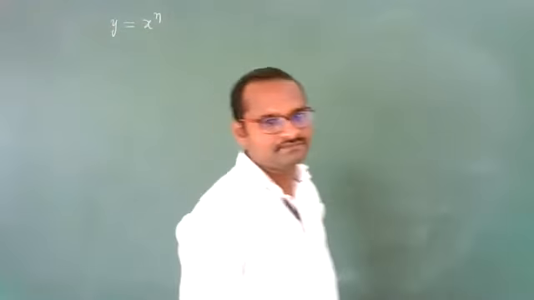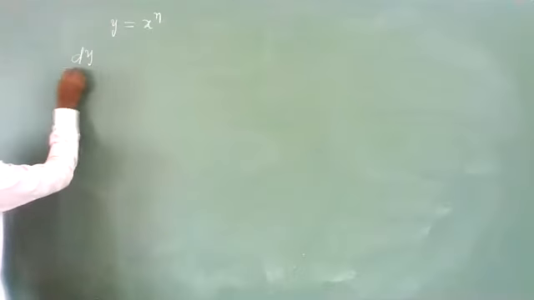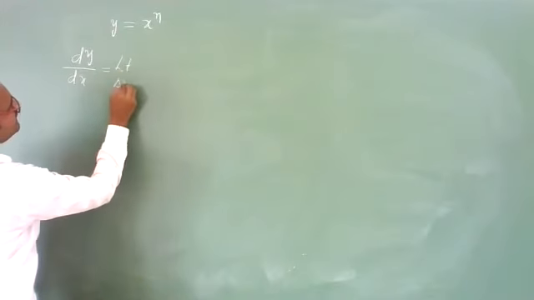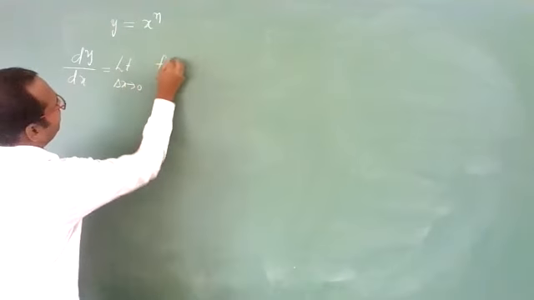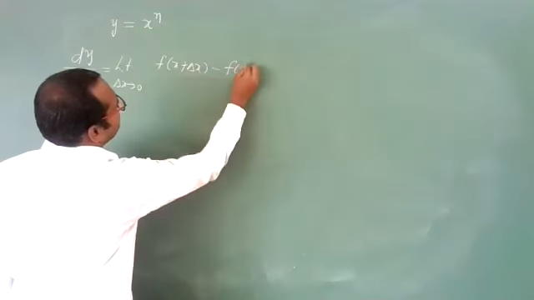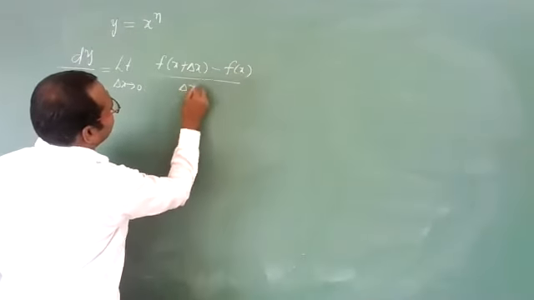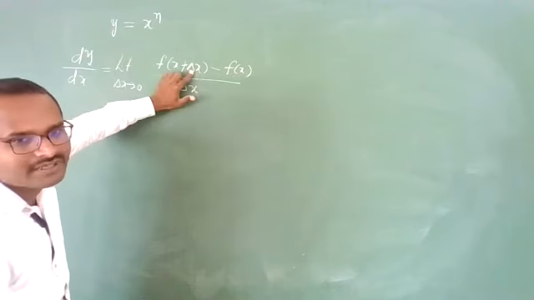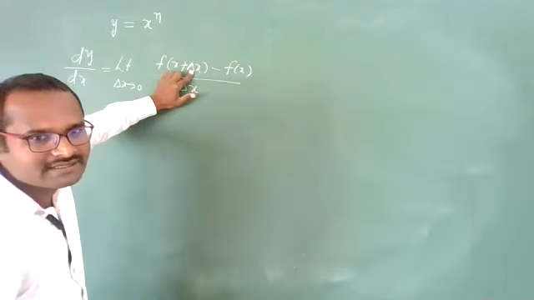So dy by dx is equal to limit delta x tends to 0, f of x plus delta x minus f of x, divided by delta x. Wherever the function is there, you substitute one more extra quantity delta x.